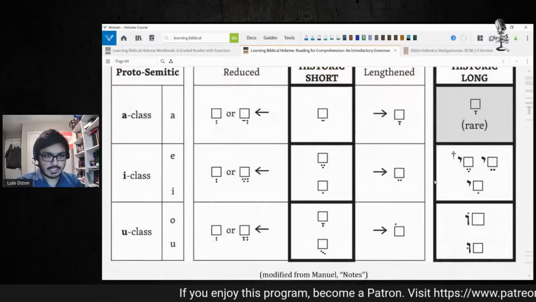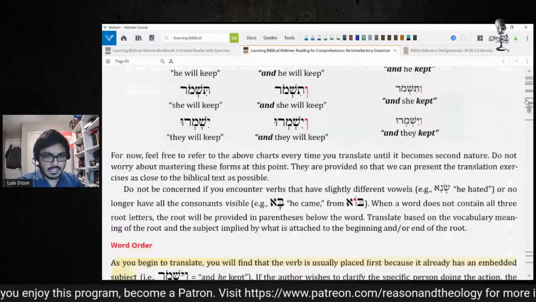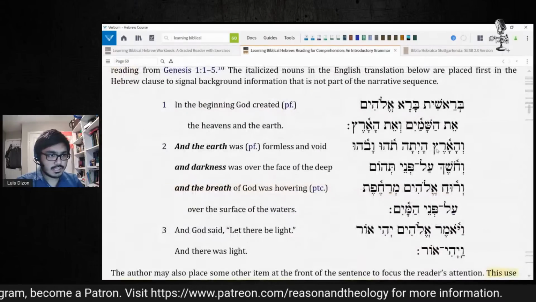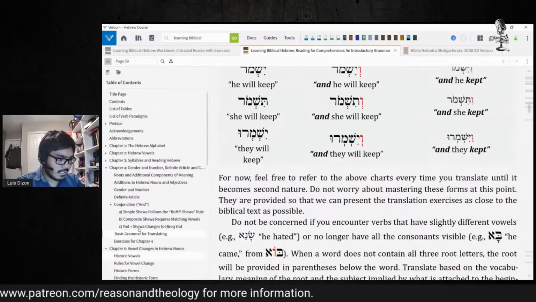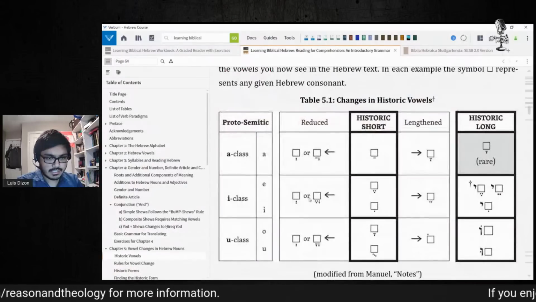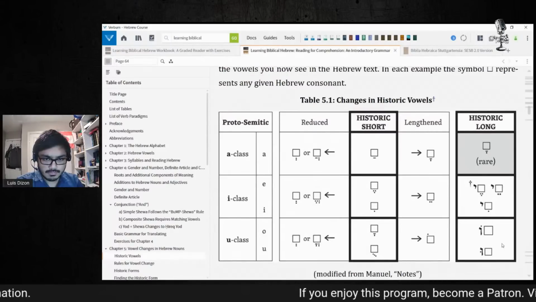So there are two basic types of historic vowels: historic long and historic short vowels. A historic long vowel is a vowel that, in its historic form, has always been long.